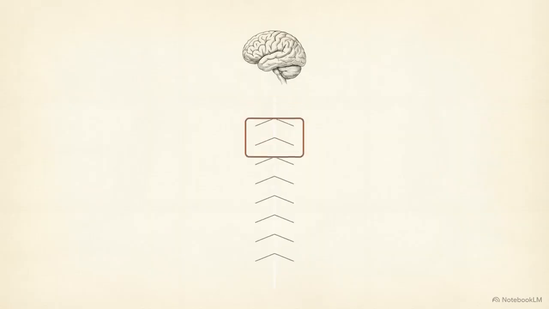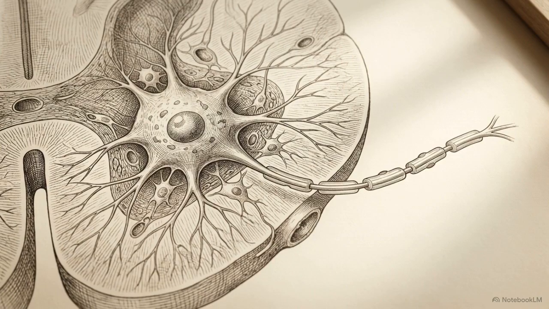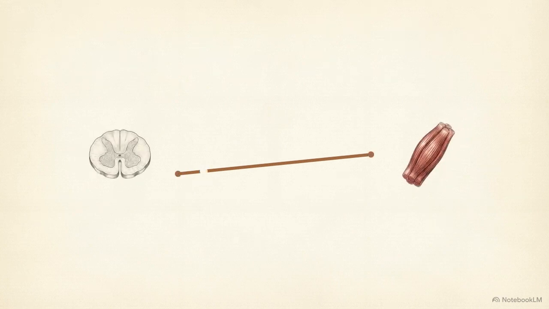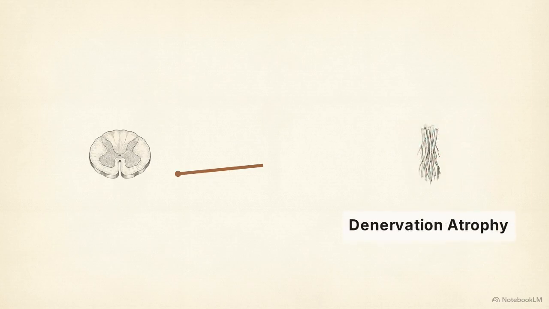If we move down the neuraxis to the anterior horn cells and the lower motor neurons, the pathology reverses. Destruction of the lower motor neuron physically severs the communication wire between the spinal cord and the effector organ. The immediate gross clinical consequence is flaccid paralysis and absent deep tendon reflexes. Without electrical stimulation, the muscle tissue rapidly shrinks, resulting in profound denervation atrophy.